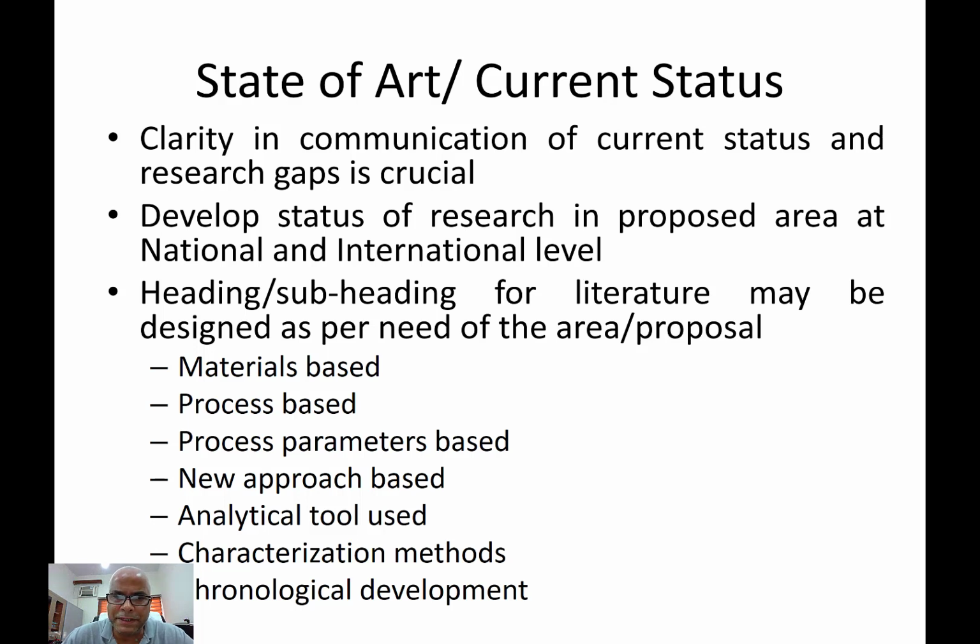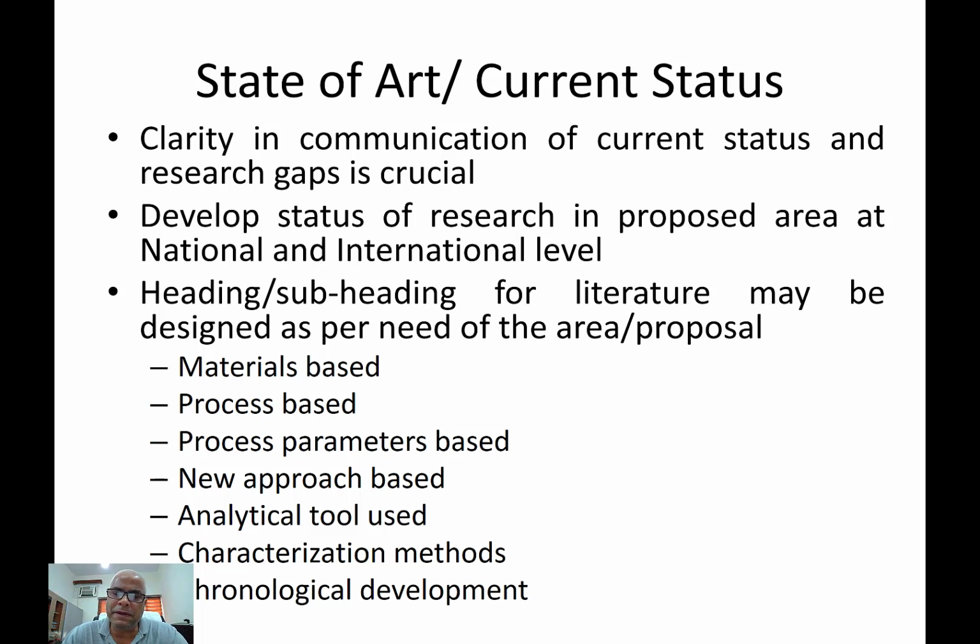Or it can be process parameter based, like what current, voltage, and speed have been used. Similarly, newer approaches based, like to deal with a particular kind of problem, what various approaches have been utilized.